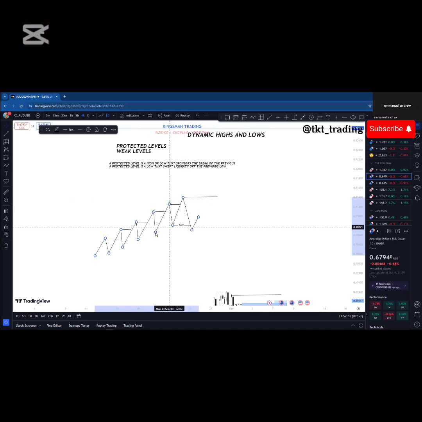Then all these previous protected levels are now our weak levels, because we expect price to take them out. We are now in a downtrend market. We expect price to take all these lows out, and to keep on heading lower.